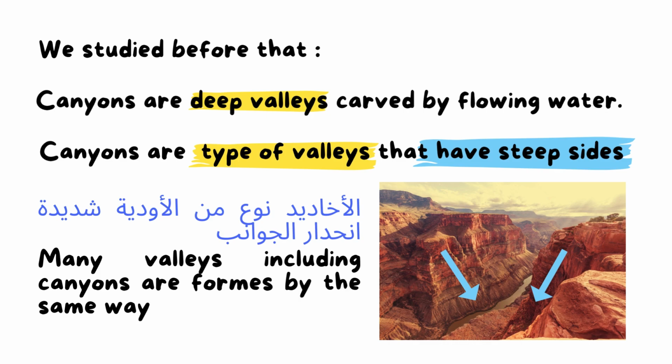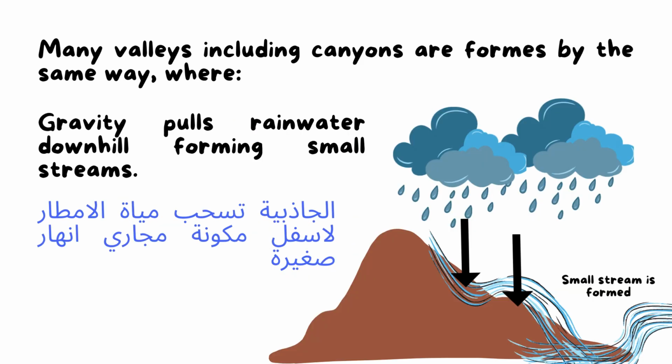So canyons are a type of valley carved by flowing water, and many valleys are formed in the same way, okay?